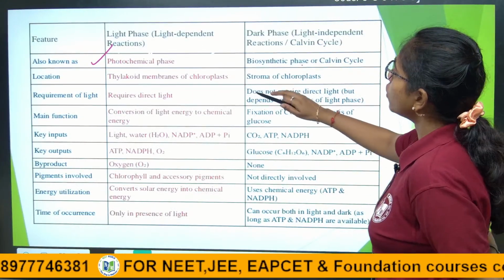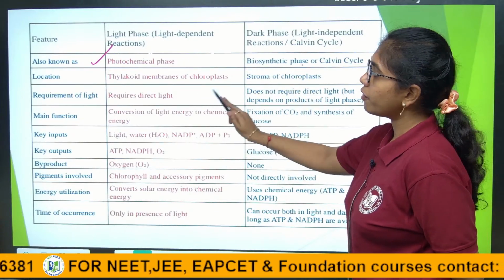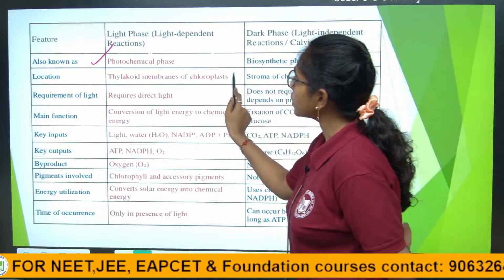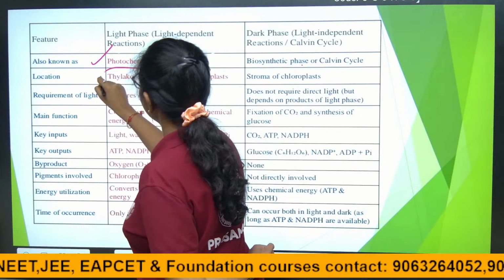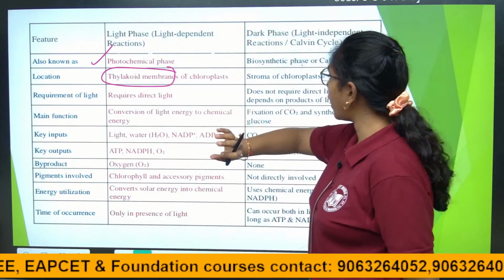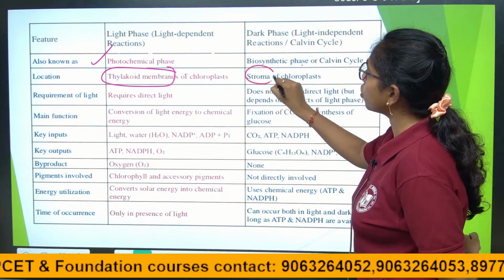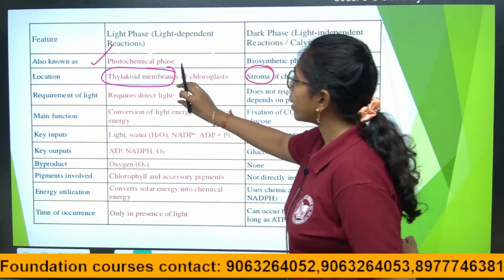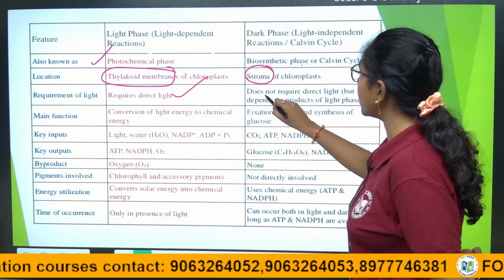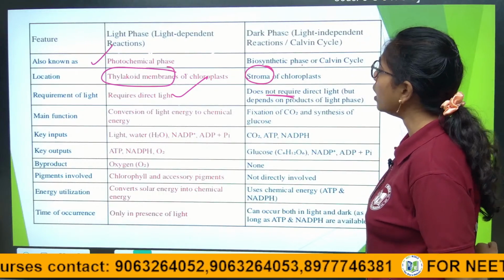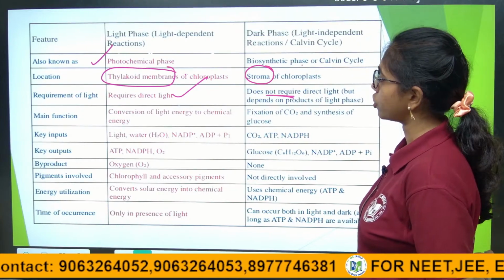As of now, you recall all the clear differences. Light reaction occurs in the thylakoid membrane, as we have just seen. Dark reaction occurs in the stroma of the chloroplast. Requirement of light is there in the light reaction, but the light independent reactions do not require light.